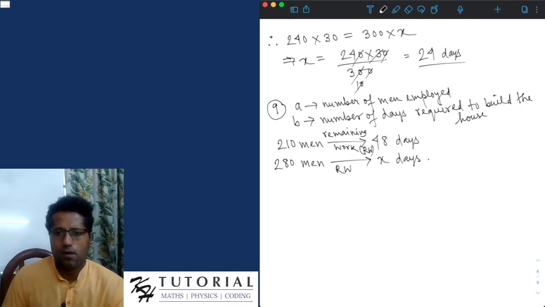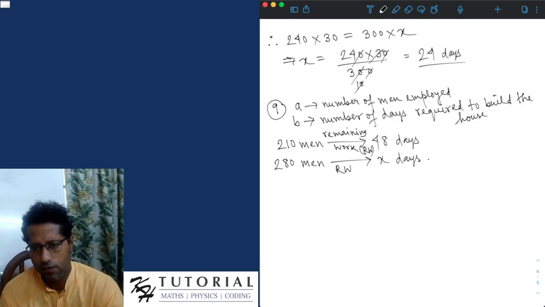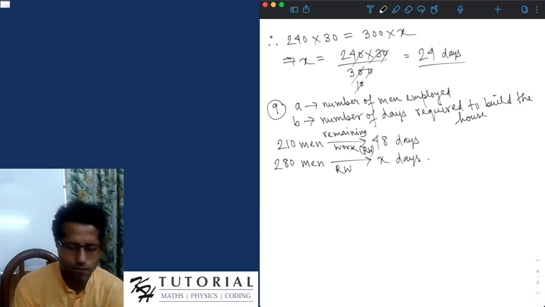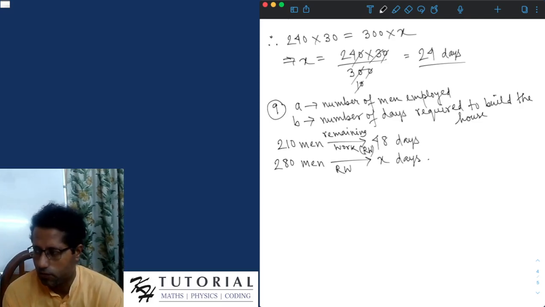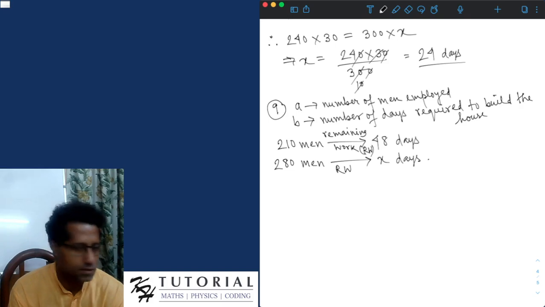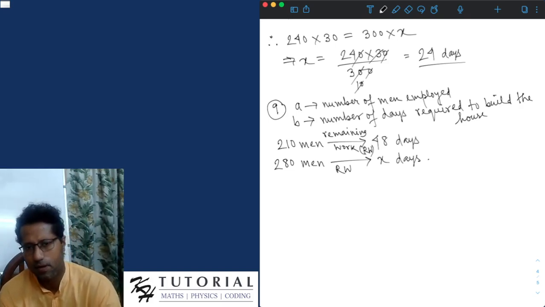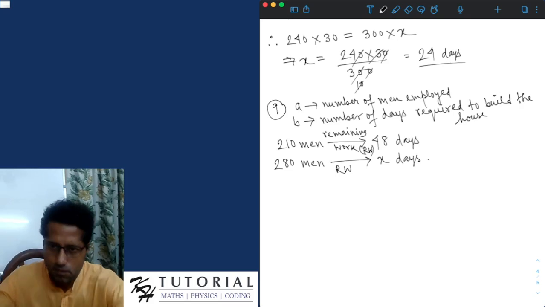So the question is asking that after 12 days, when 70 more men have joined, the total number of men becomes 280. Now, in how many days will the remaining work be completed by these 280 men? We know that 210 men will complete the remaining work in 48 days.